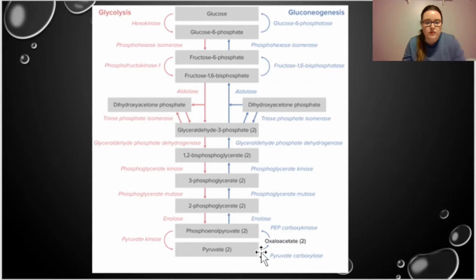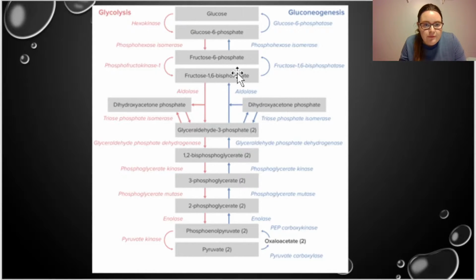Here's the oxaloacetate, and everything in blue is the catalyzed reactions, the enzymes that play a part. This is where we have our PEP, then 2-phosphoglycerate and 3-phosphoglycerate, going up the blue arrows, the exact opposite of glycolysis.